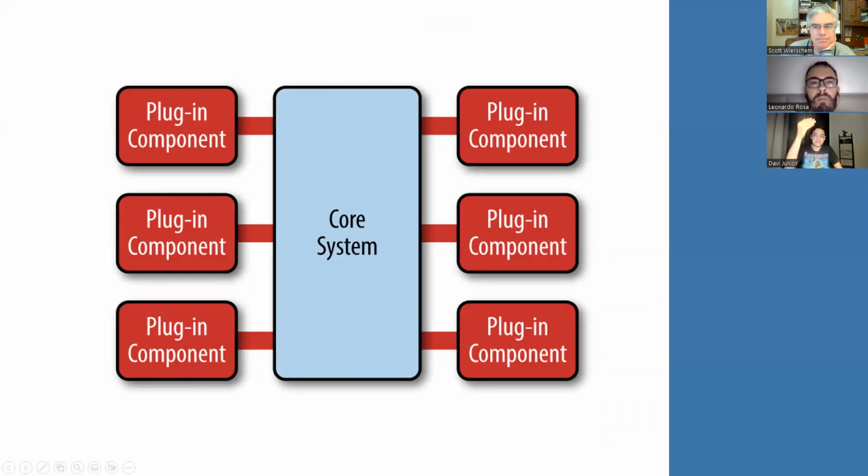So we have the IDE, for example, IntelliJ, as the core system, and then we can provide more functionality, more features, by adding plugins to the system. Okay. This concept is very clear for me with this kind of application. The question to you is, what about backend systems?